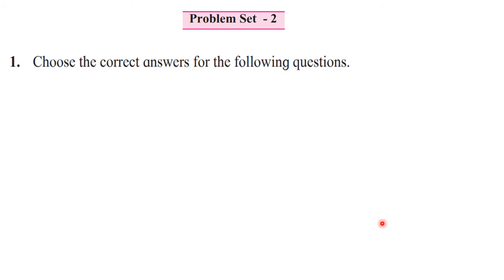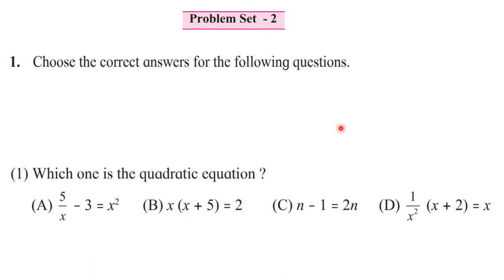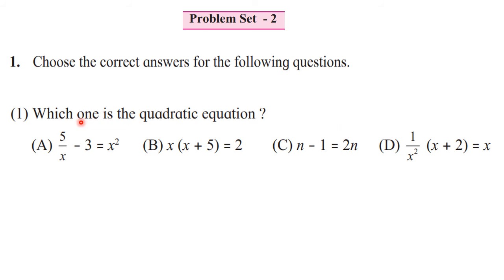So let's try. First one, choose the correct answer for the following questions. From that very first one here is, which one is the quadratic equation? So it's very easy to decide. You can go for the trial and error method. Now see this first equation here. When here we have a denominator, always we try to eliminate that denominator.